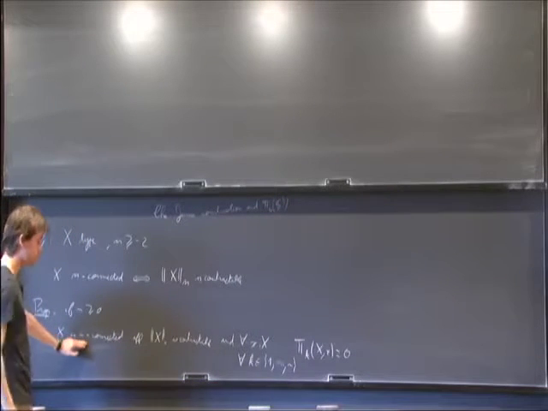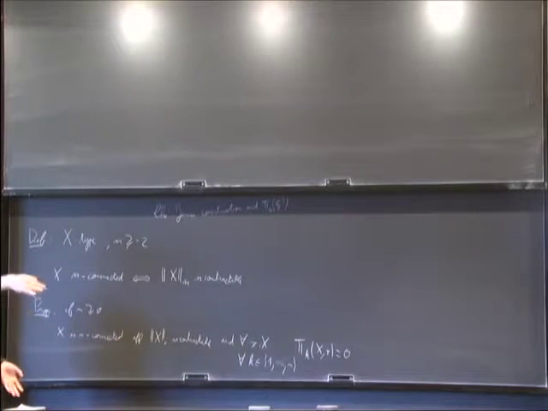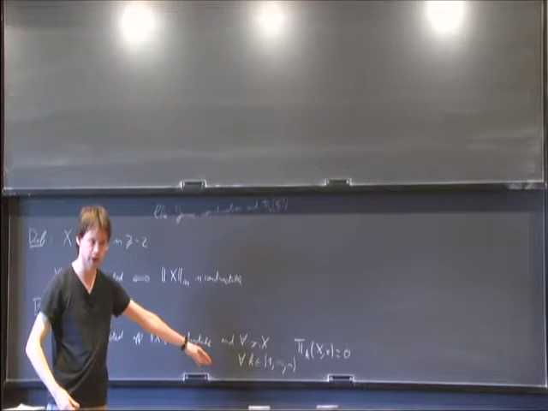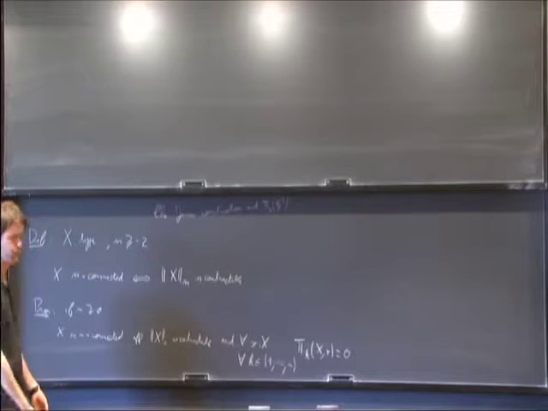So a space is n-connected when everything is trivial up to dimension n. All homotopy groups are trivial up to dimension n, and stuff happens after that.